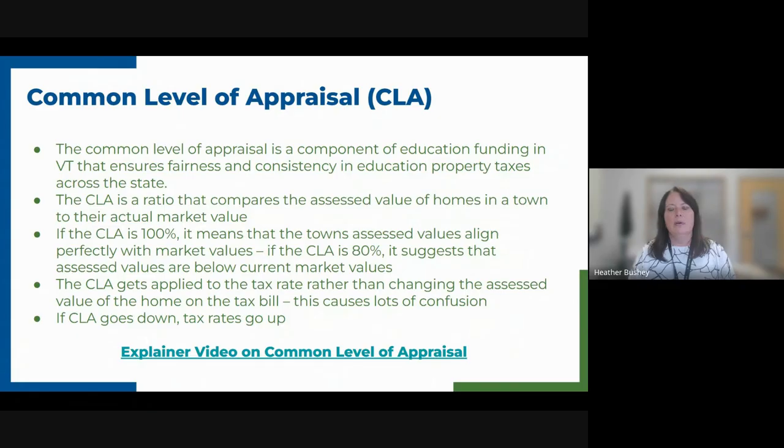So if CLA goes down, tax rates have to go up, because what it's saying is if we charged you just the tax rate in Essex, you wouldn't be paying your fair share, because you're paying it on a home that's only 50% of the market value. So we're going to up your tax rate so that you can pay your fair share.